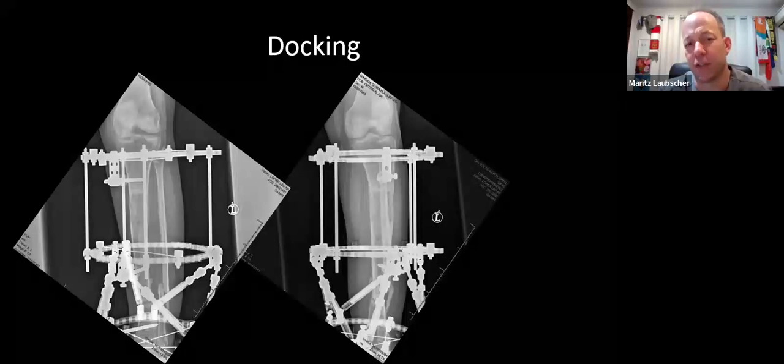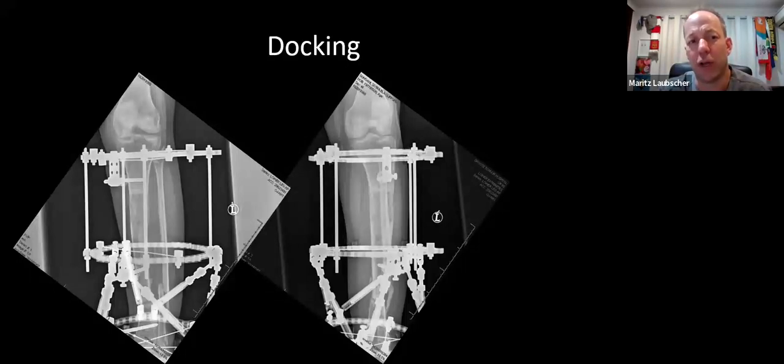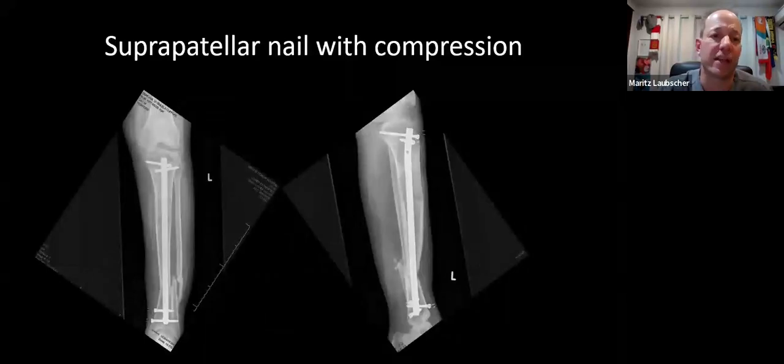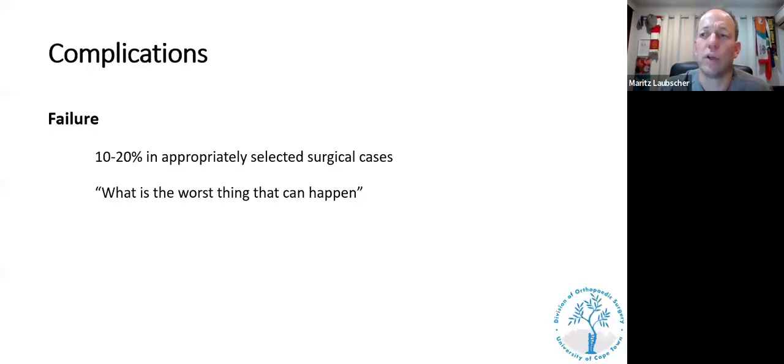And in my experience, this is for me the most reliable and reproducible way to get transport in a straight line and a healing docking site without a deformity. So in this case, then nailing and then eventual union. What to expect is very important: these are never 100% cases.